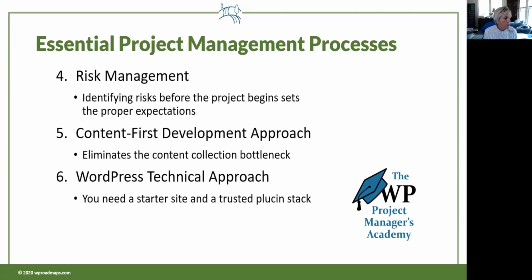All right, risk management. That is identifying risks before the project because that sets the proper expectation for the client. If something catastrophic happens, like our lead developer gets hit by a bus, I don't wish that on anyone, but it's always a good example. How would we handle that? You can already know you're either going to find a new developer, you've got somebody in your hip pocket already ready.